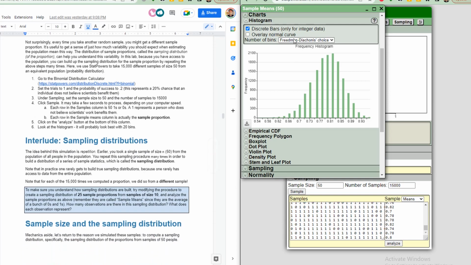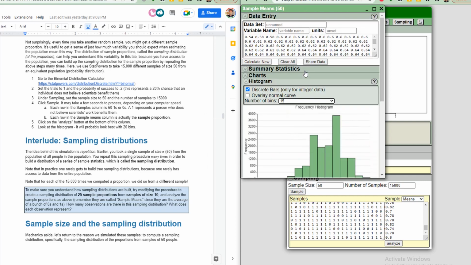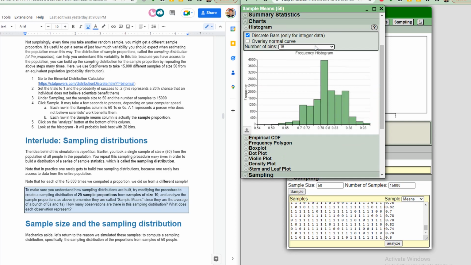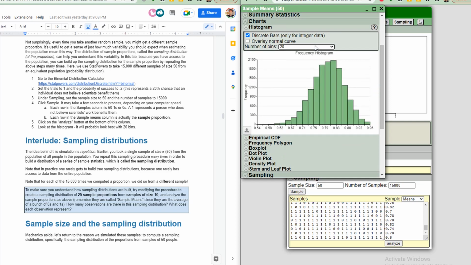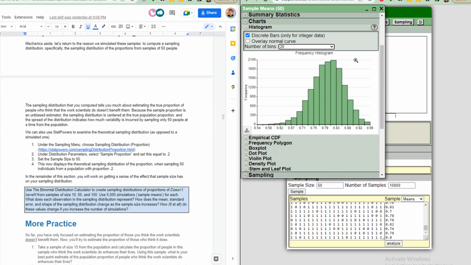And so I'll change the number of bins as it's suggested. I recommend using 20 bins. 20 bins does make it look pretty good. Okay, great. Now this is what's called the empirical sampling distribution. Basically, it's based on a simulation.